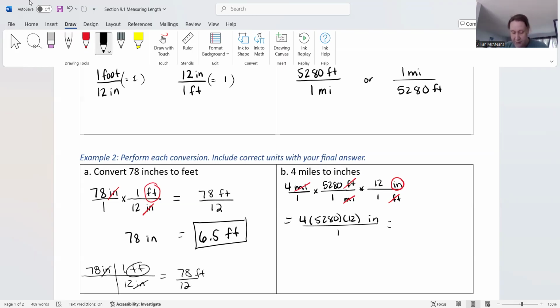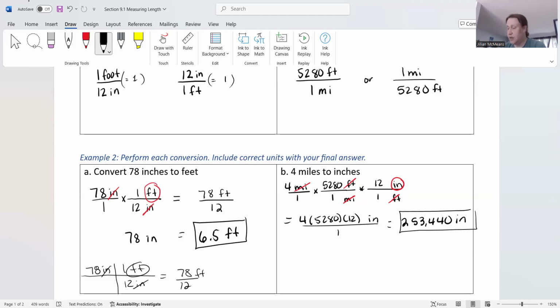So I have 4 times 5,280 times 12. And then I would technically divide that by 1, but when you divide by 1, nothing really happens. So our final answer is that there are 253,440 inches in 4 miles.